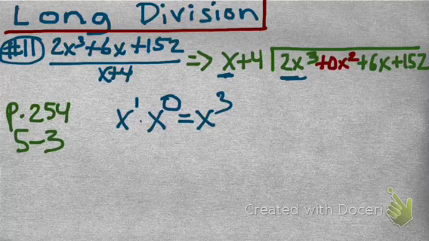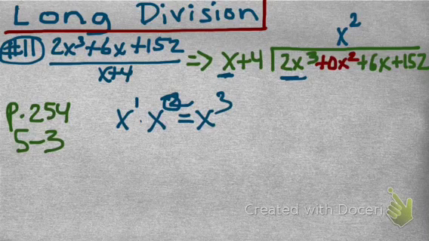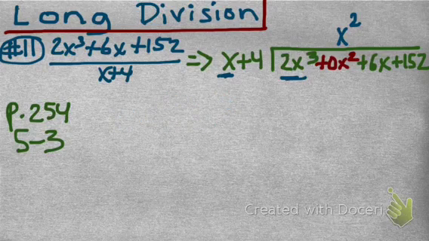I add exponents when I do this, so if I pick 2, then 1 plus 2 equals 3, so I need an x squared. I come over to the x squared column and put x squared up there. But I don't have the coefficient I need yet. I need a 2, and I have an invisible 1 coefficient right now, so I'm going to put 2x squared as my chosen value to multiply by to get that inside term.